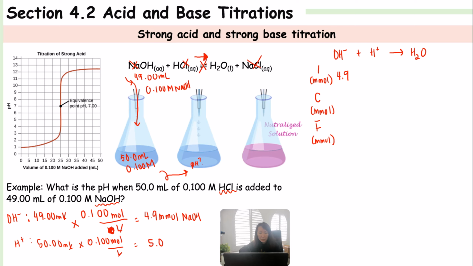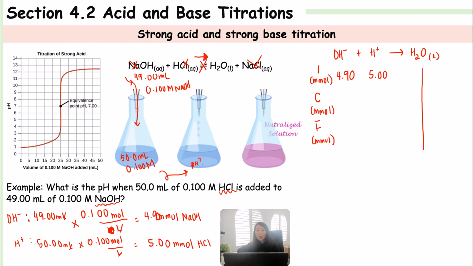Oh, I should keep the sig figs: 4.90, and then 5.00 millimoles of HCl. So that's just saying it's of the hydrogen. Okay. And water is liquid, so we don't need to account for it.